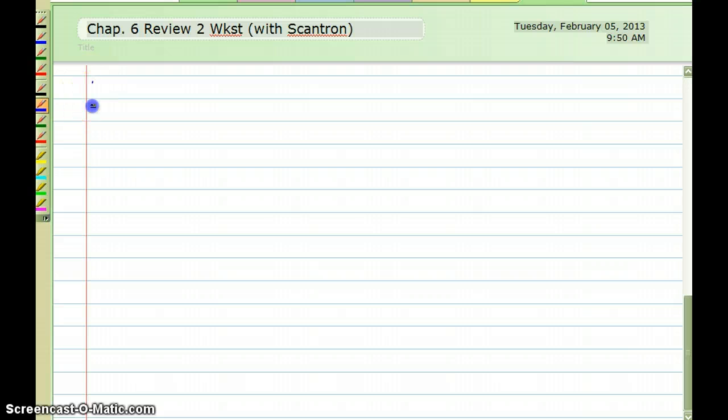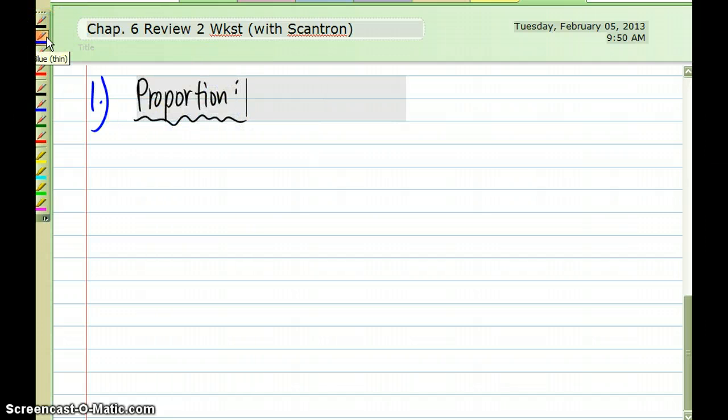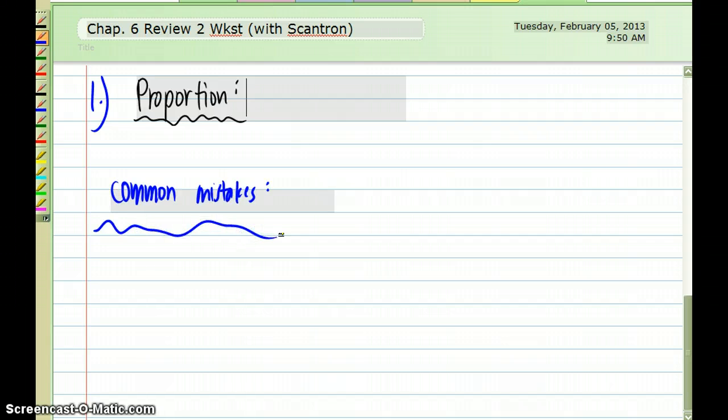We'll start with number 1. On number 1, we're going to use a proportion to solve this question. Let me also spend time referring to mistakes that we might make. Here are some common mistakes. The proportion we want to set up is, we know that the cereal is getting shrunk by 5%, so 5, I'm going to write that over 100.